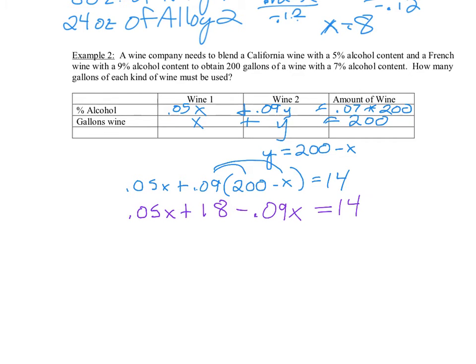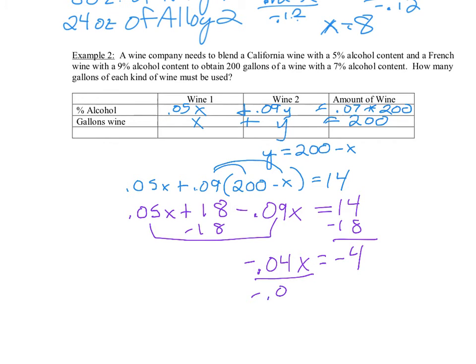And that has to equal 14. So I'm going to subtract the 18. This is going to give me a negative 4. And I have to put the 0.05 and the negative 0.09 together. That's going to leave me with a negative 0.04x. So we divide both sides by the negative 0.04.